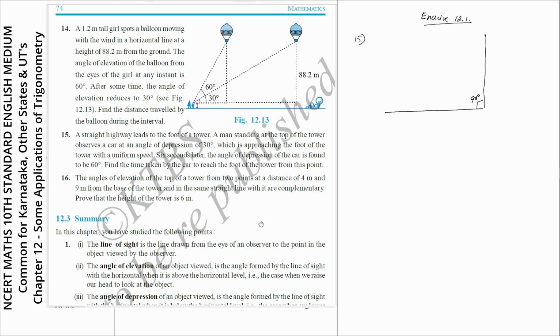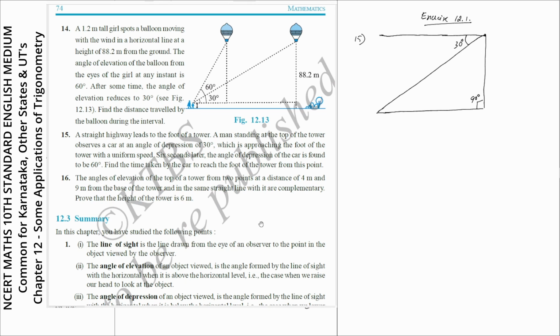So first the car is approaching the foot of the tower, and one person standing at the top of the tower observes the car, and the angle of depression is 30 degrees. So if I draw one line parallel to the ground, now this angle is 30 degrees. When the man is watching this car from the top and the angle of depression is 30 degrees, I'll extend this horizontal line.